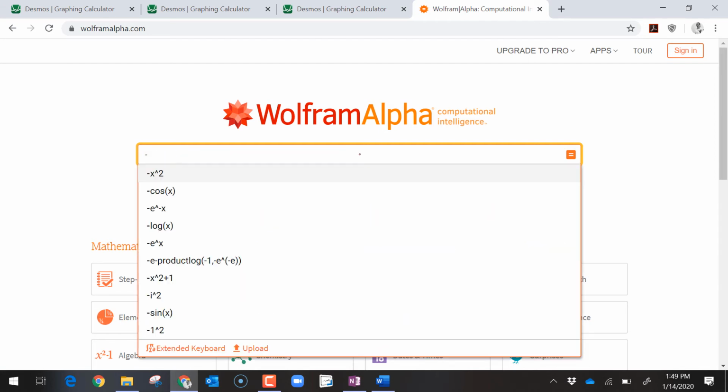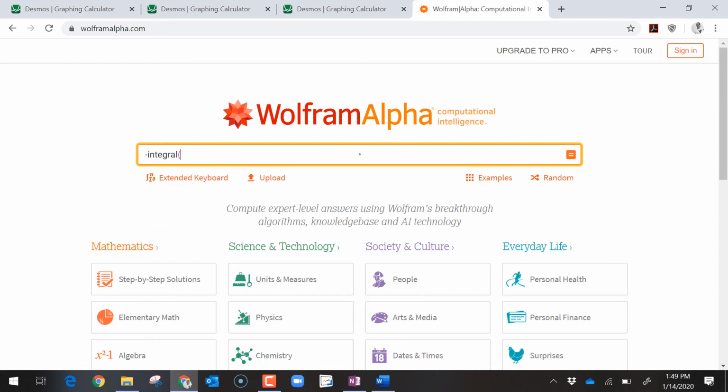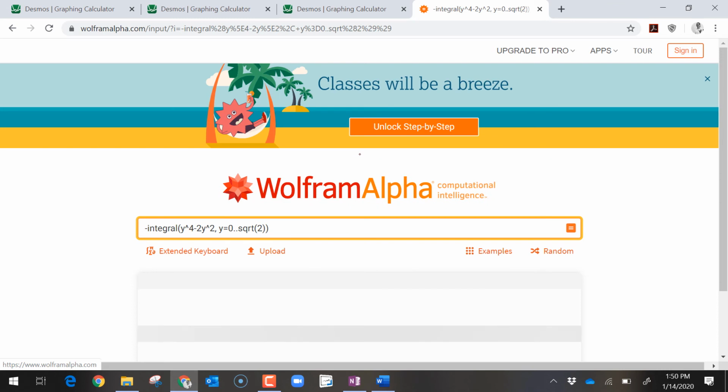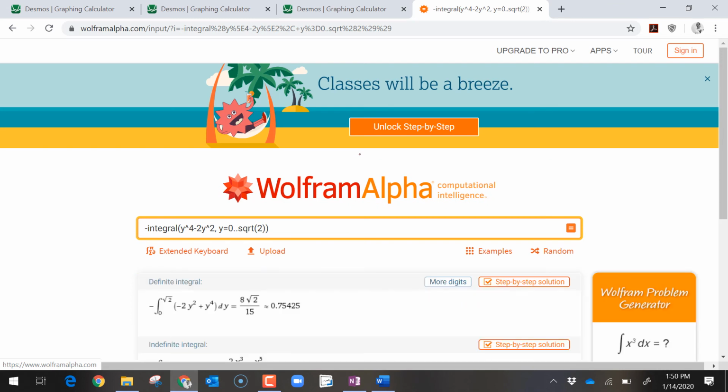So if I had a negative and an integral of y to the fourth minus 2y squared, where y goes from 0 to square root of 2, then we should get, what is it, 8 root 2 over 15.